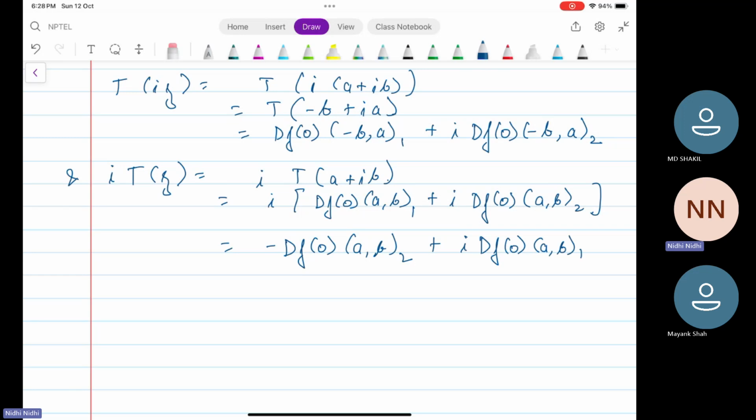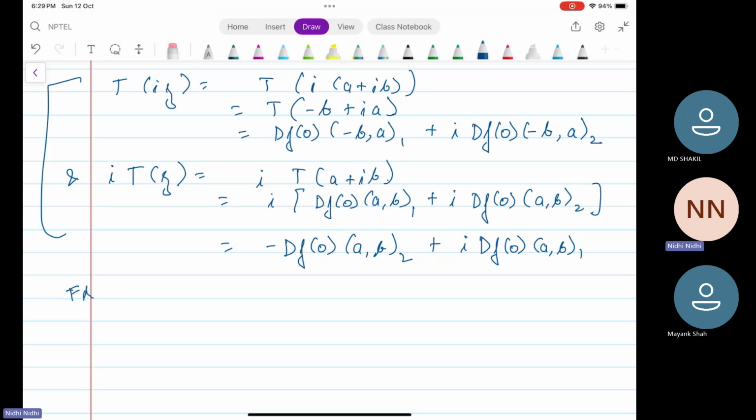Now if the map T is linear, then you can see that for any other complex scalar, if this condition is satisfied, then eventually it will hold for every complex number.